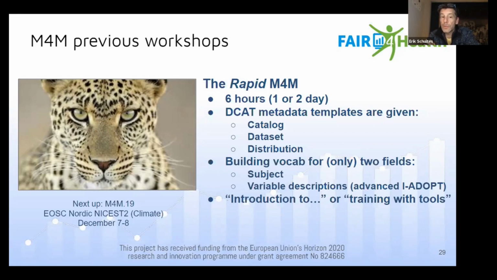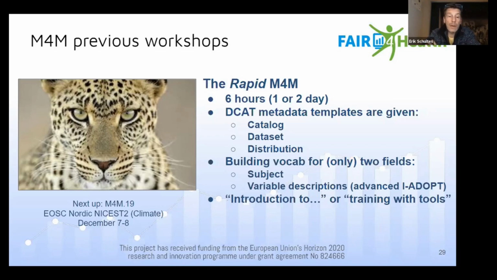So we bring this template ready-made. It's based very much on DCAT with a few variations. And the main activity in the workshop is working with that particular domain to build vocabulary.